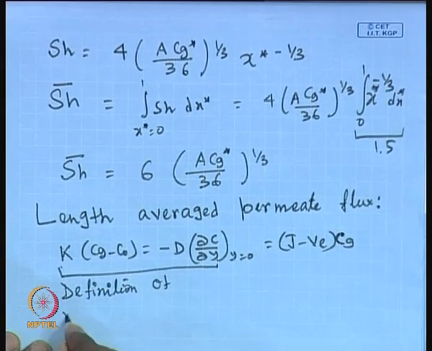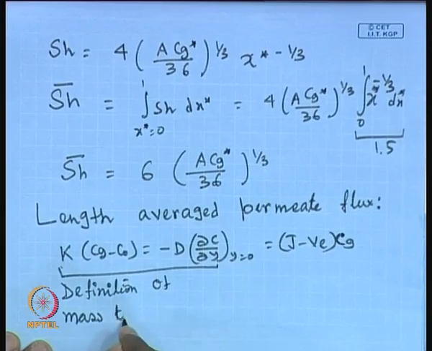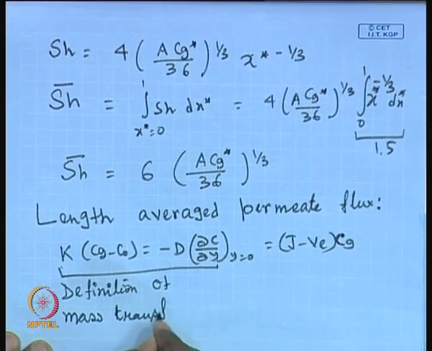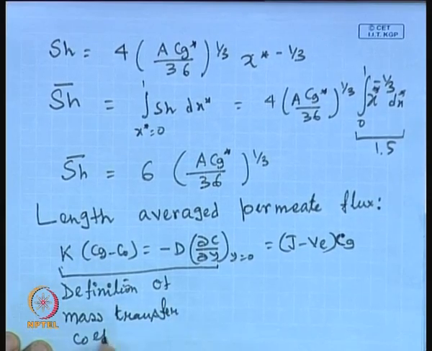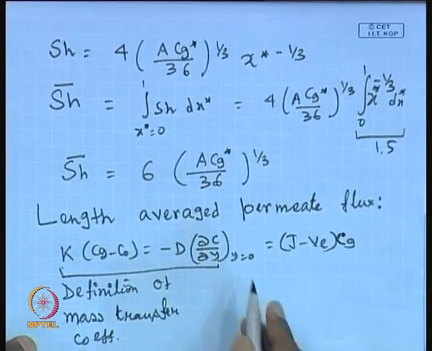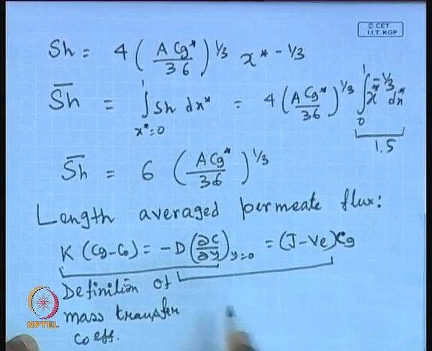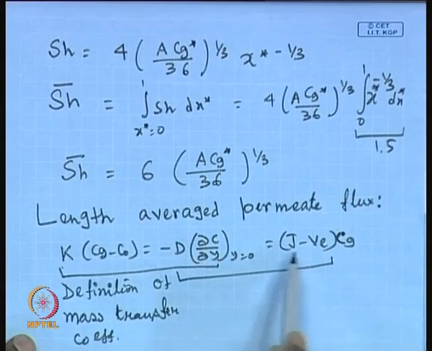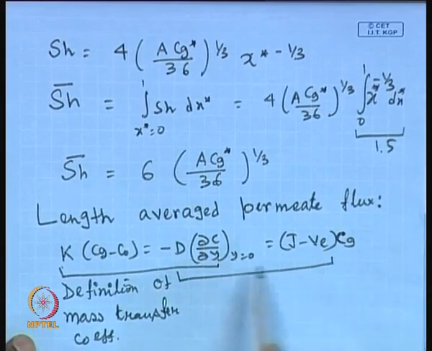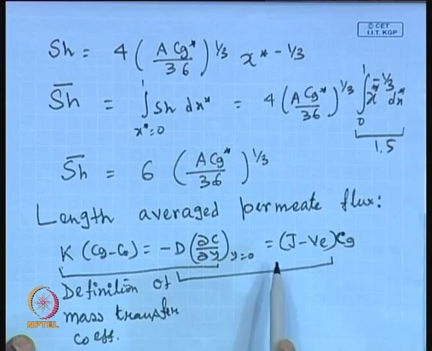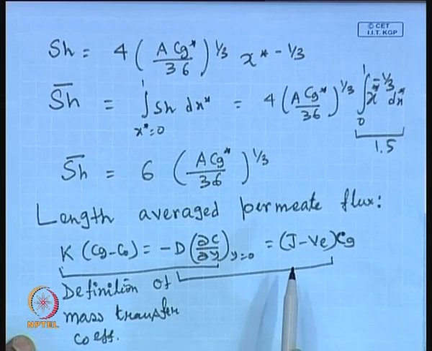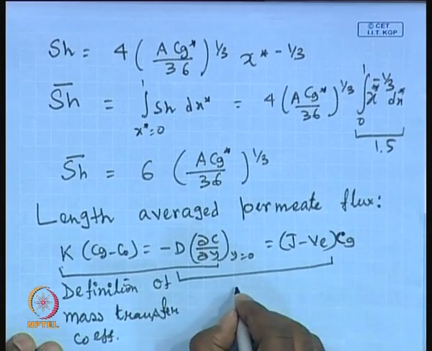Definition of mass transfer coefficient. And what are the last two terms? If you remember, J minus VE times Cg is equal to minus D del C del y at y equal to 0. That was the boundary condition at y equal to 0, right.